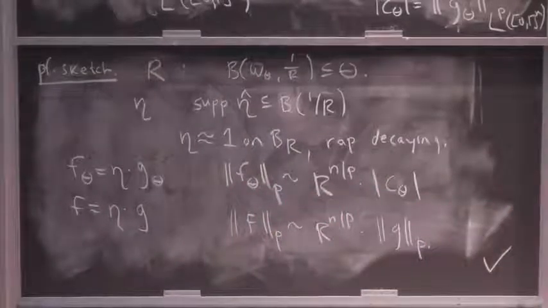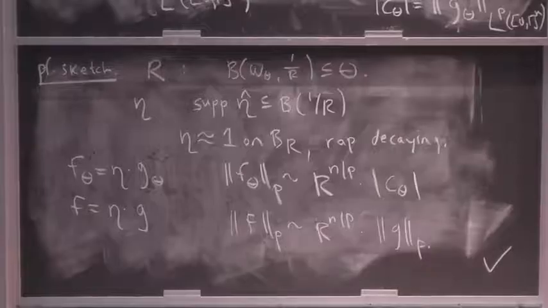OK, so the parabola is a sort of interesting example for applying this. But a more interesting example for applying this proposition is the moment curve. So we have the moment curve in R^n.